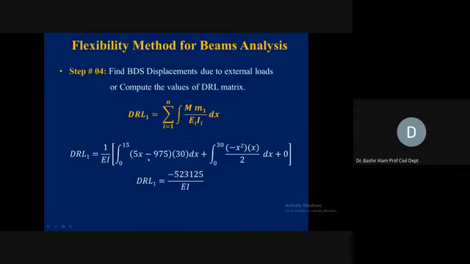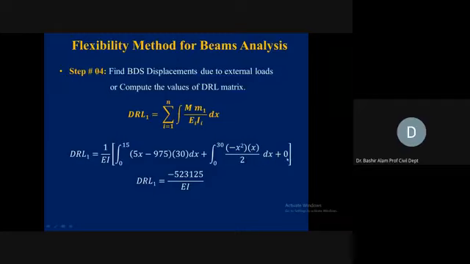Now, from each member, we are writing the contribution. 1 over EI, we take this common. Member AB was 0 to 15, so here the limits are coming. 5x minus 75, if you remember, we wrote minus 75 plus 5x, so this is the same for capital M for member AB, times M1 was 30 dx, plus member BC was 0 to 30, the limit, minus x square was the value of capital M, x was M1, and this was divided by EI, so I was 2I, so that is coming from 2I, this 2 here.